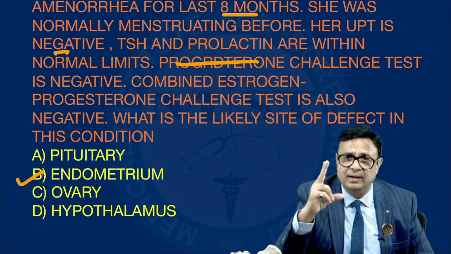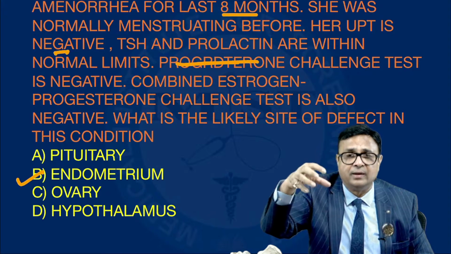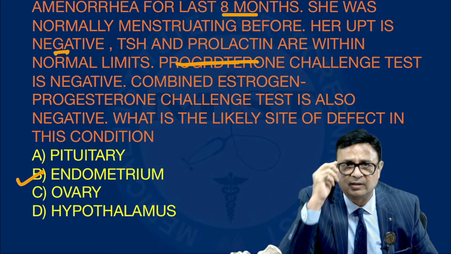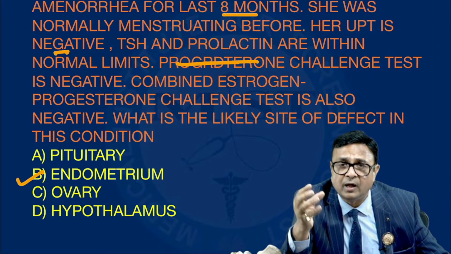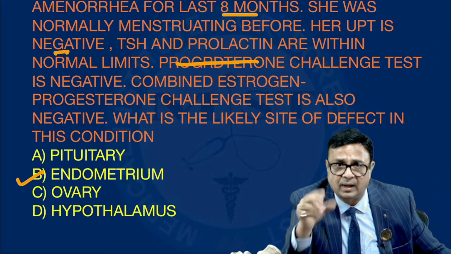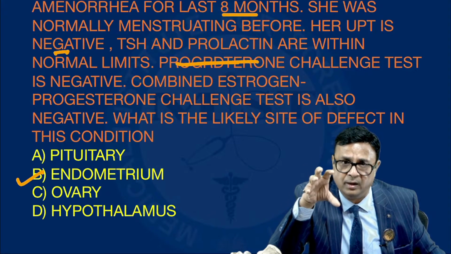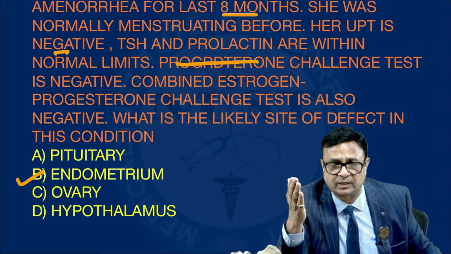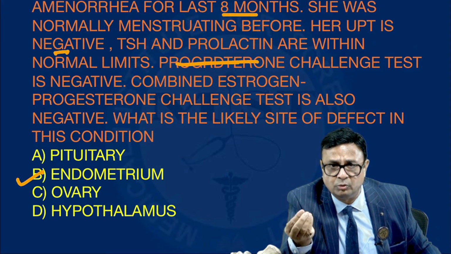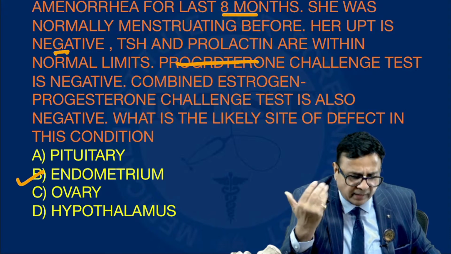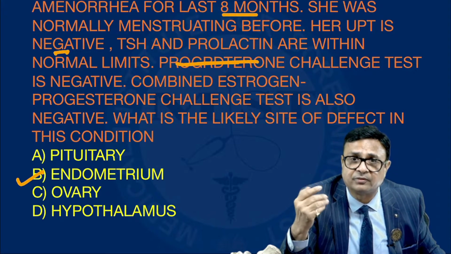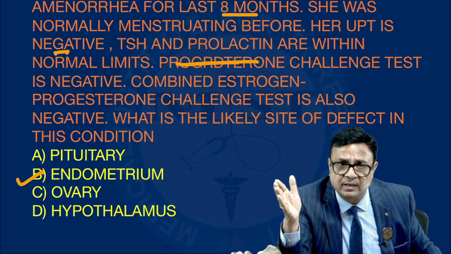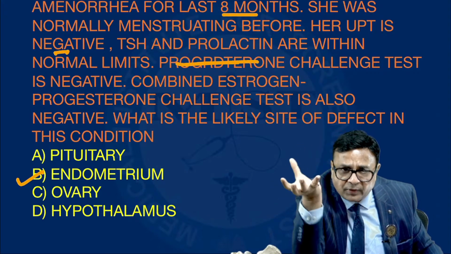In 1 minute, I want to give you the concept of the diagnostic protocol of secondary amenorrhea. I am bombarding examination questions now. First question, a patient with secondary amenorrhea presents to your OPD, what is the first thing you will do?